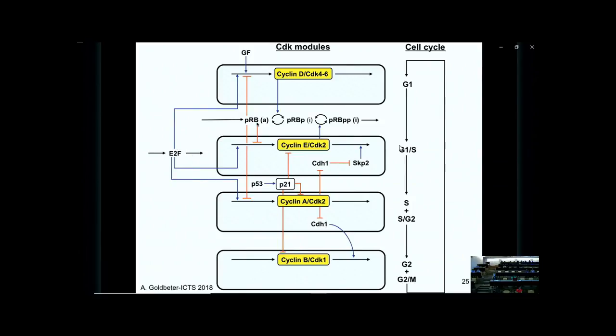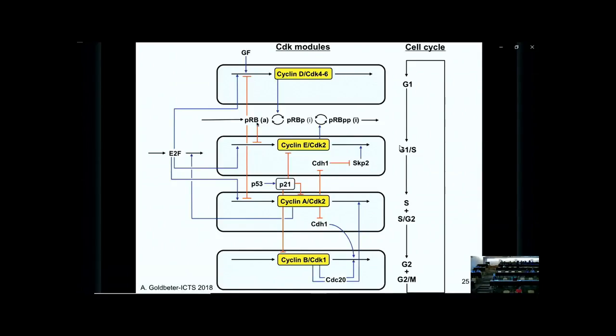Now, another negative feedback is provided by the fact that cyclin A CDK2 promotes degradation of E2F. So it stops activation of the previous modules. And finally, CDK1, the last module, activates CDC20, which promotes cyclin A degradation and cyclin B degradation.